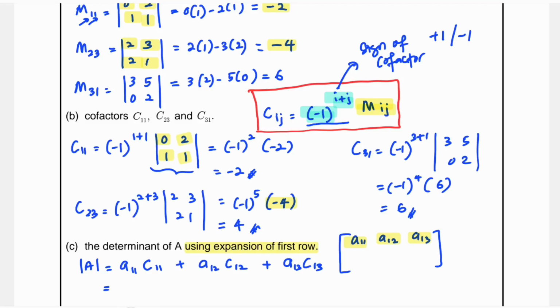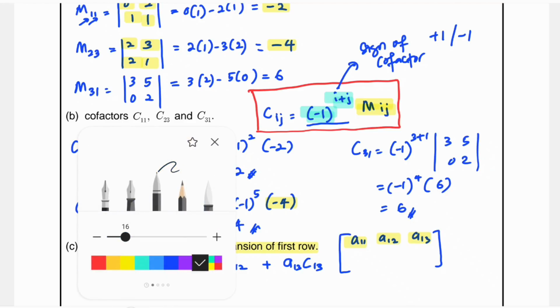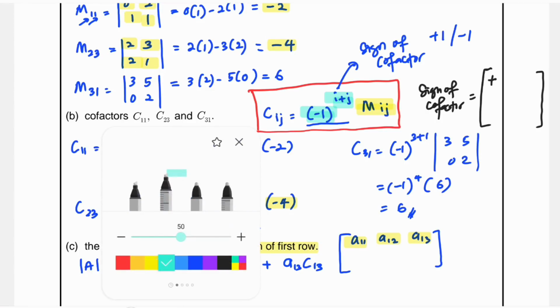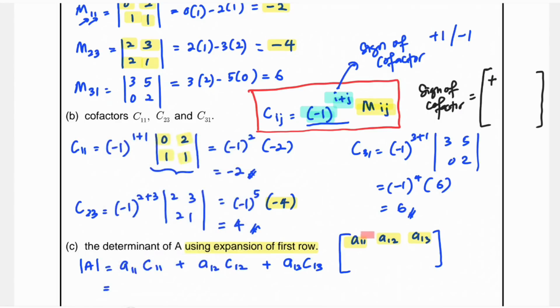We can summarize the sign of cofactor like this. We start with positive. Why? Because of the entry itself.